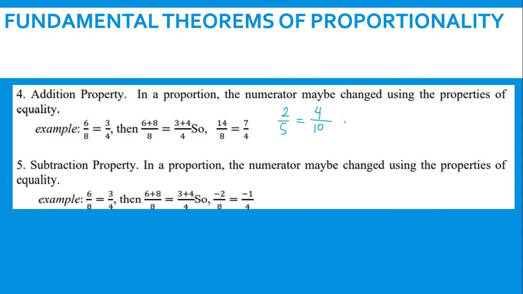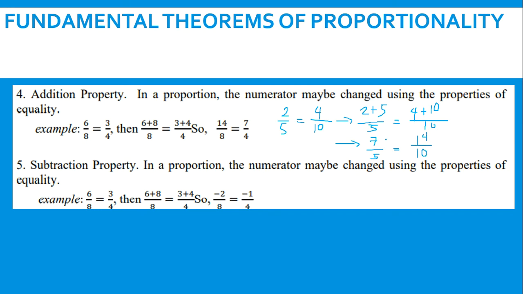Then, using the addition property, that is 2 plus the denominator, which is 5, over 5, equals 4 plus the denominator, which is 10, over 10. Then, 2 plus 5, 7 over 5 equals 4 plus 10, that is 14 over 10.